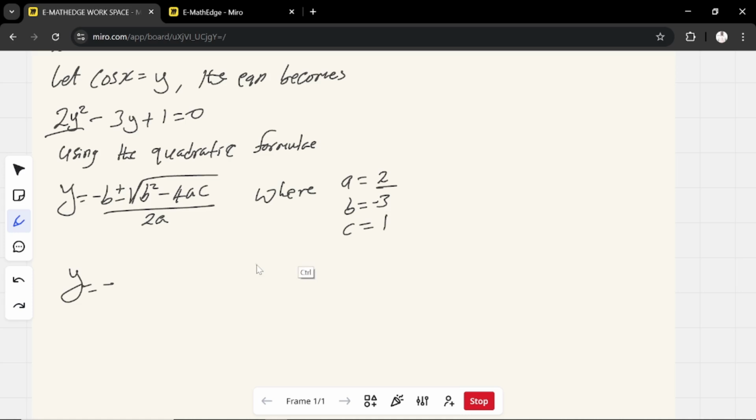So having all these values, the next thing we are going to do is to substitute the values into this formula.